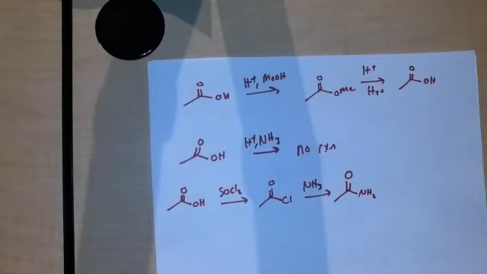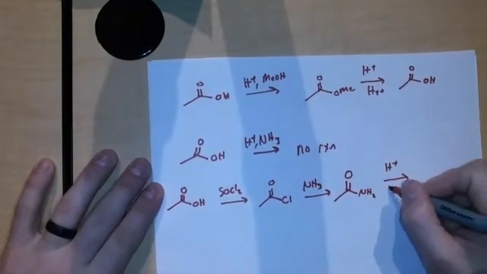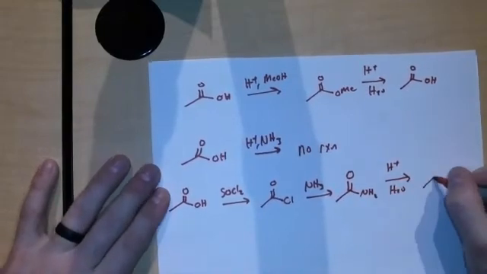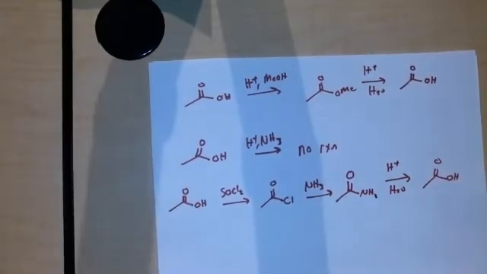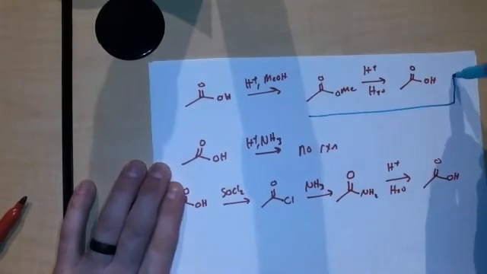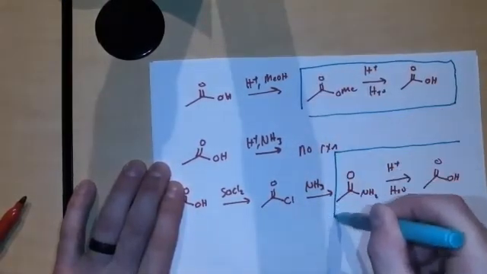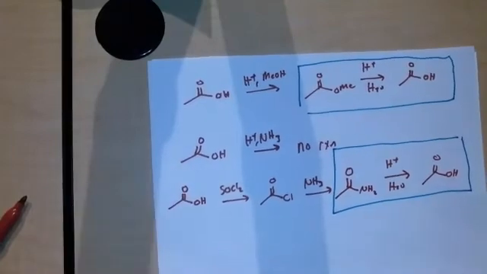On the other hand, we can just throw in H plus and water, and this will let us go backwards. So the back half of our pathway that we're able to do with esters still applies, but for the front half we have to go through SOCl2, which is why we talked about it so much.